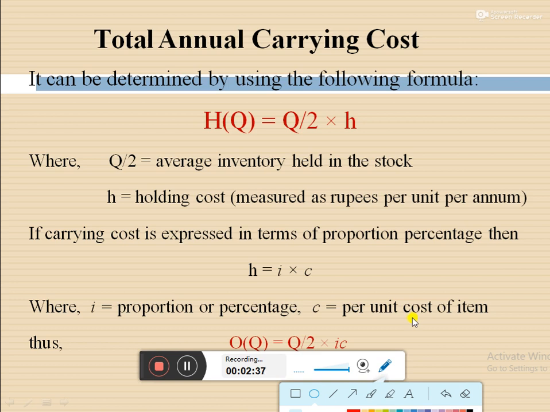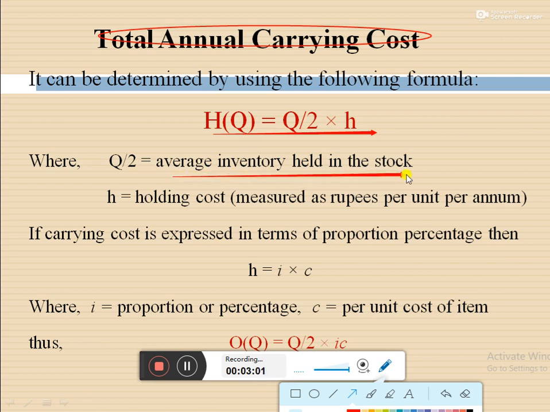In a similar manner, we have discussed how to calculate the total annual carrying cost. It can be determined by using the formula, average inventory into holding cost, where Q by 2 denotes the average inventory that is held in the stock, and the formula of calculating average inventory is maximum inventory in the stock plus minimum inventory in the stock divided by 2.